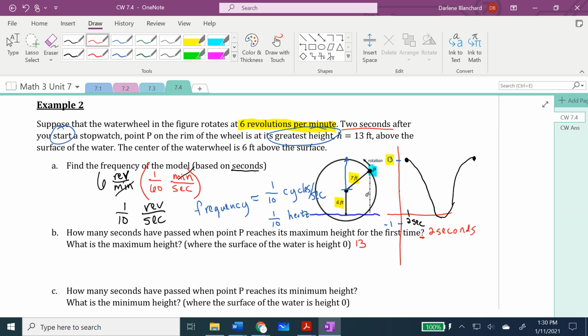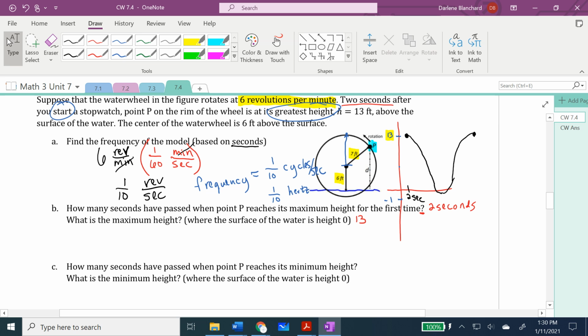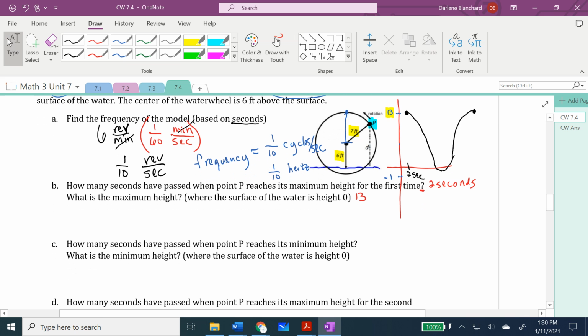Part C. How many seconds have passed when P reaches its minimum height? And the easiest way to do that is to ignore the 2 seconds temporarily. And let's look at, bring in the frequency or the period, whichever viewpoint you want to bring it in from.